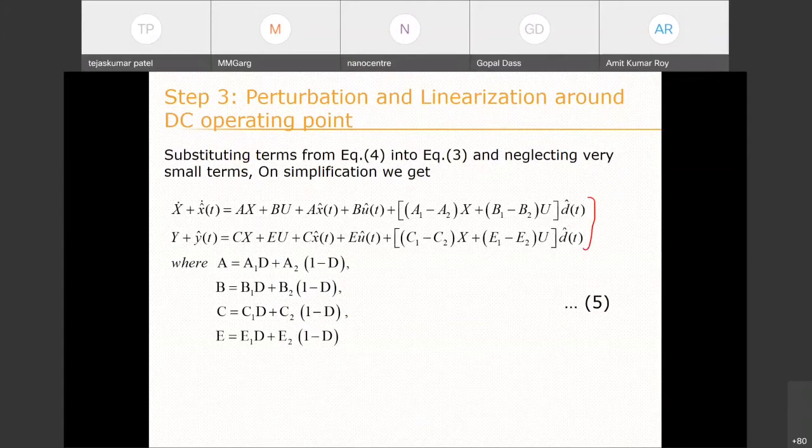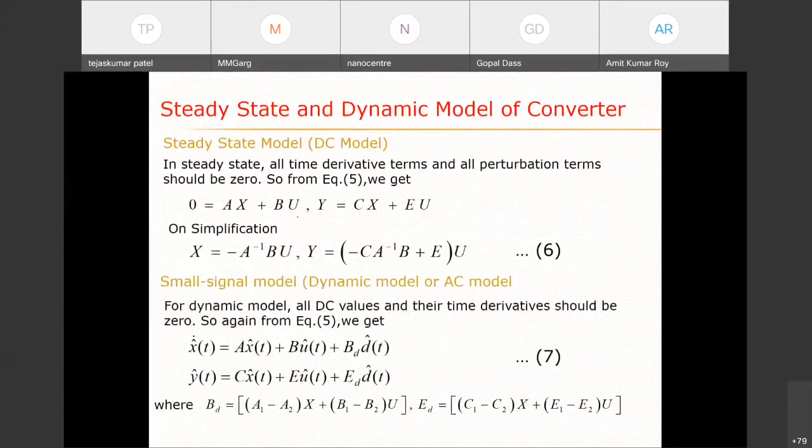Obviously these perturbations are very small compared to the original DC values. Then we put them back into our average model. There will be some terms of higher than first order, or nonlinear terms, and we neglect those in order to get a linearized model.